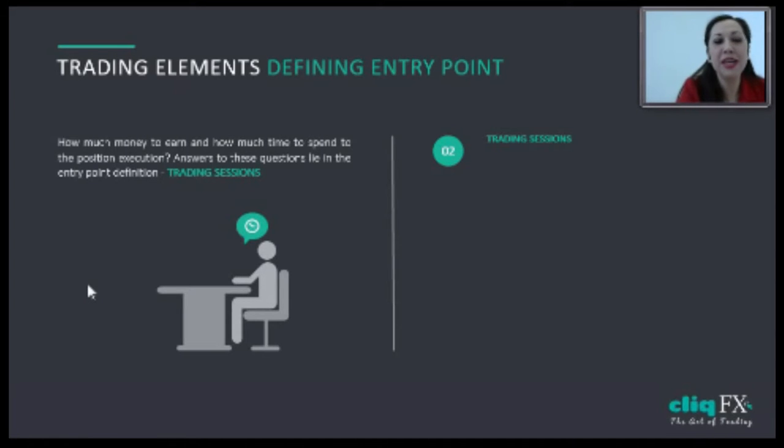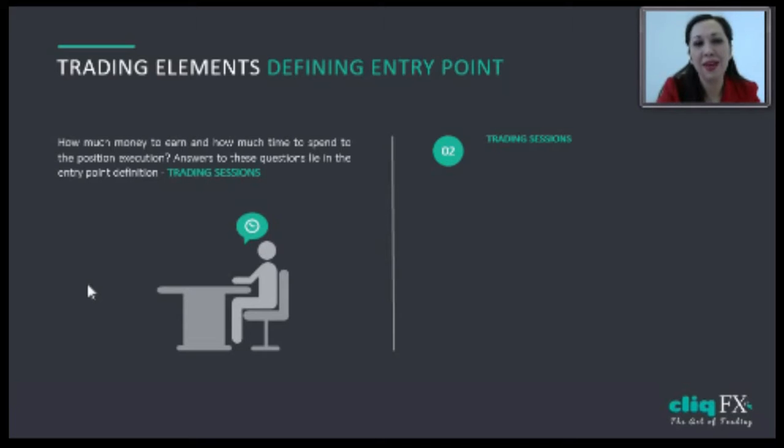Good. So the next variant of defining an entry point is the trading session. As I told you before, they are connected with the different time zones, and you need to understand that. For example, I'm staying here, you're staying over there, and we have a lot of clients who actually trade from different parts of the world.